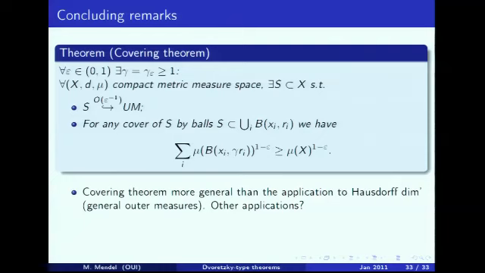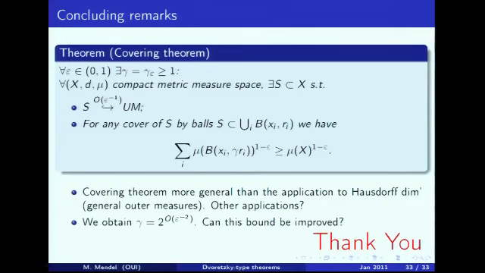So we are looking for other applications. This is a little bit premature, but my hunch is that if there are other applications, the bound on gamma would be important. We are able to prove this bound, and I don't think it's tight. I don't know whether it can be improved. And that's it.